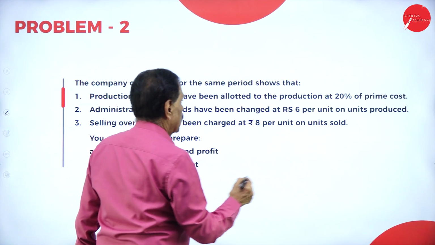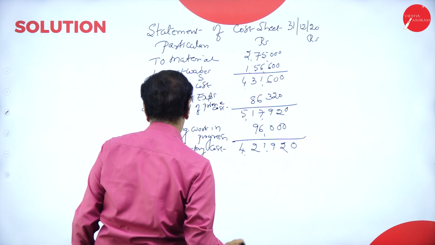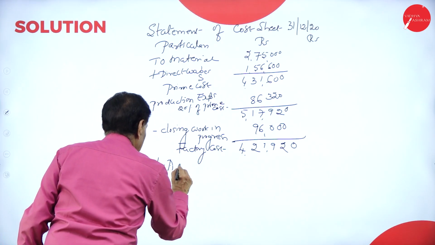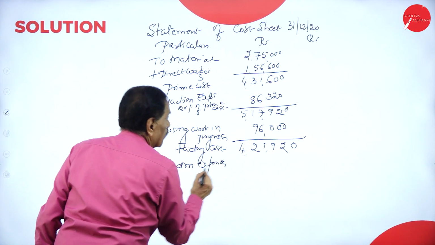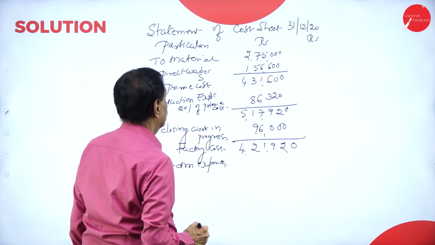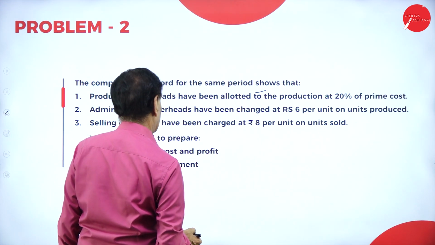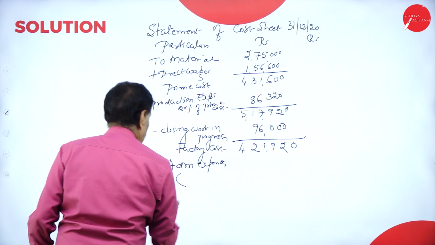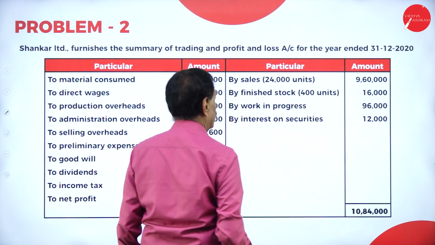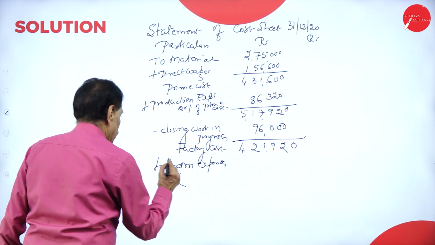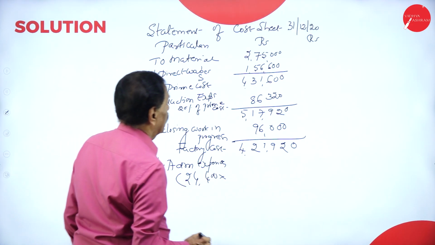Then add administration expenses. What's your administration expenses? 6 rupees on units produced. Your units produced: here see that 24,000 plus unsold stock 400 means totally 24,400. 24,400 at what rate?